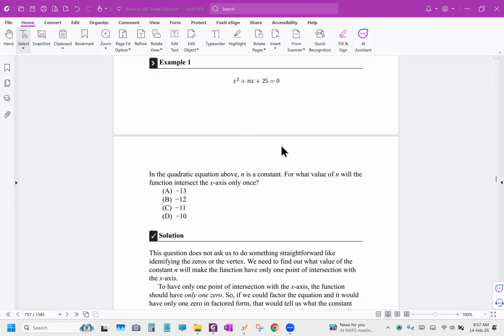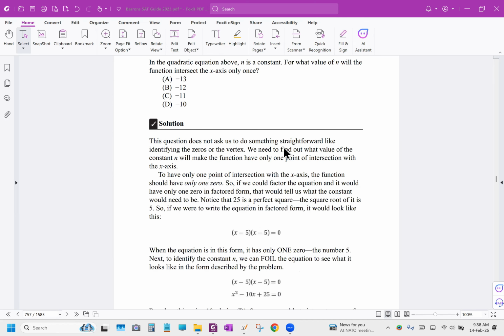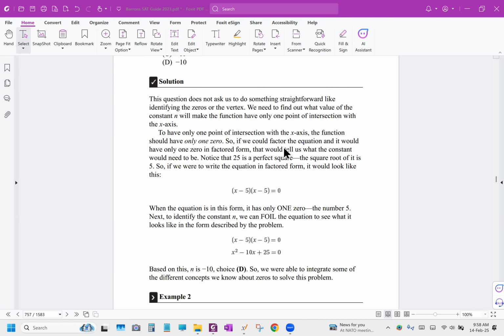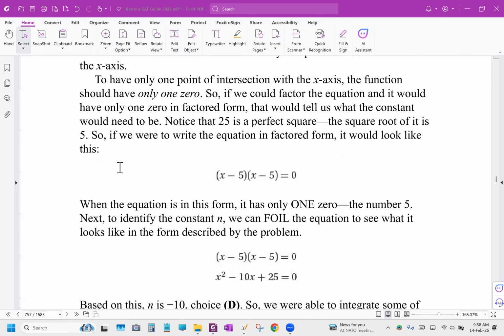Basically it must have a repeated solution. A repeated solution means that, for example, if you solve this equation, you are going to get the solution as 5 and 5, right? 5 and 5 are the same number.